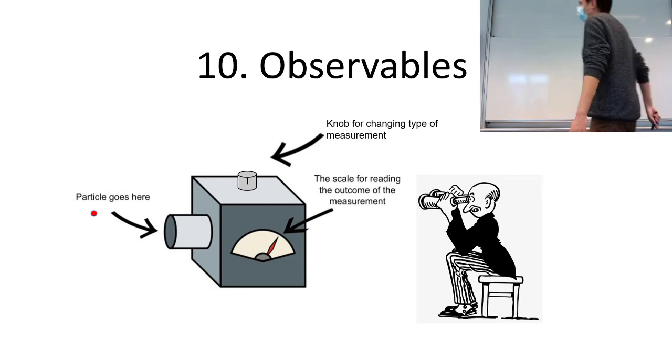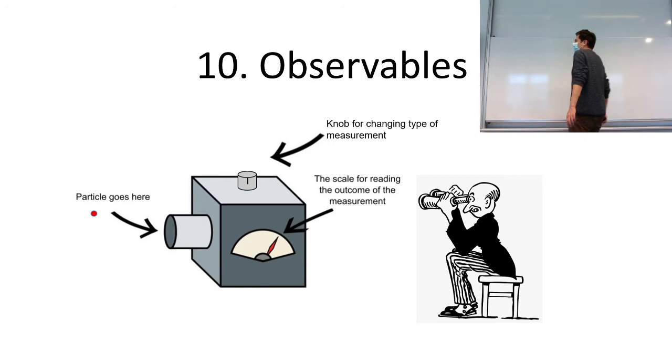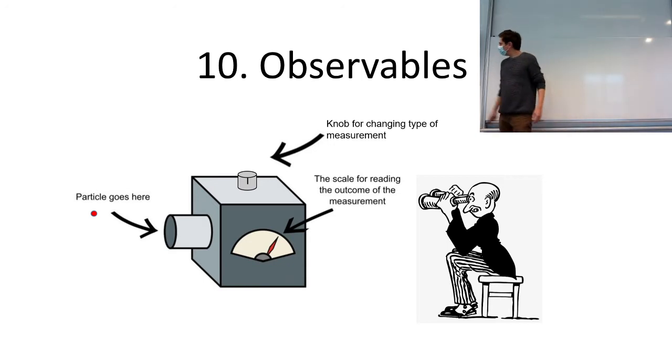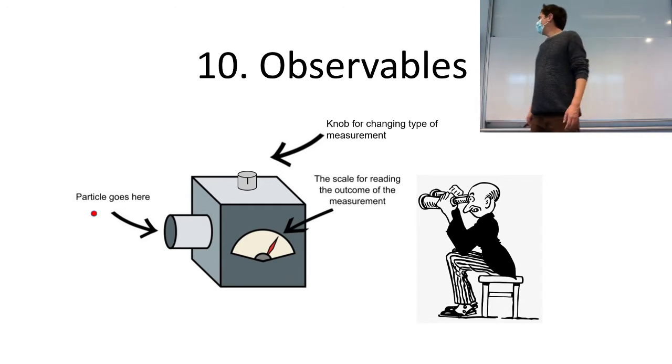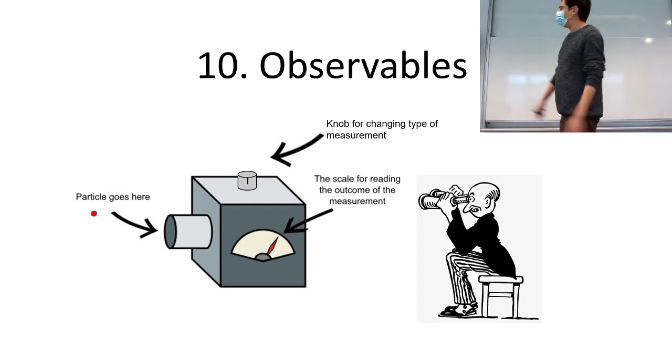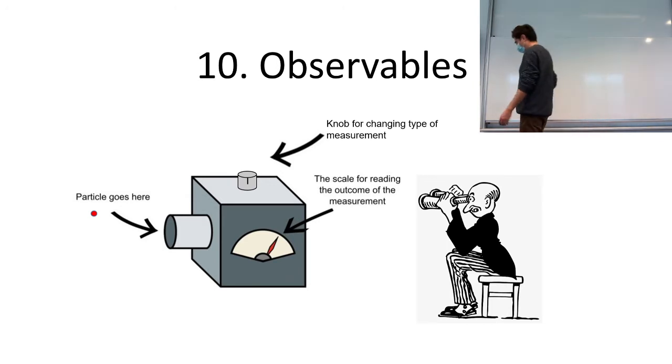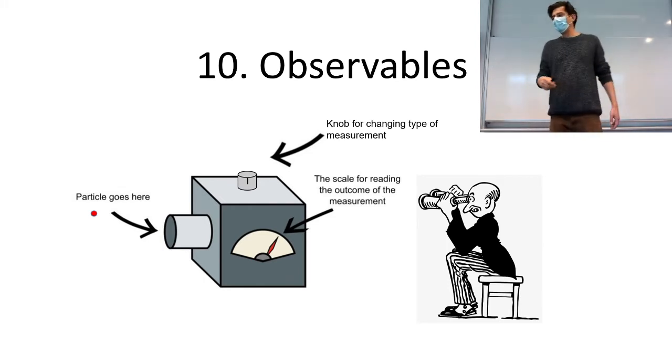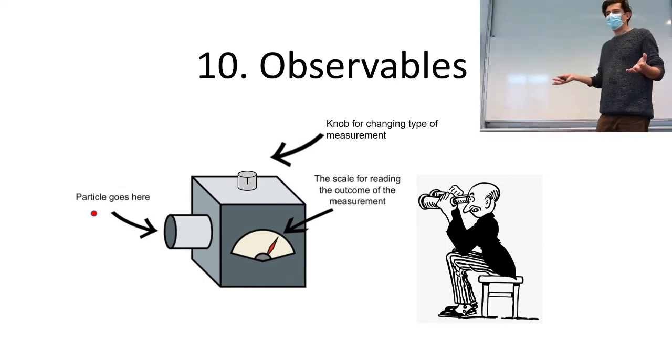What my cartoon here on the opening slide is supposed to show is, we've got our measurement device. The particle goes inside the measurement device. We get some readings, and that's going to eventually give probabilities, and then we have this knob to say what kind of measurement we're going to be doing. But how do we convert all that information into something that is more physical about the particle?